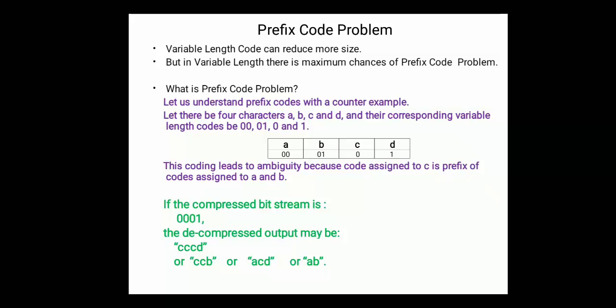This is known as ambiguity, and it is also known as the prefix code problem.